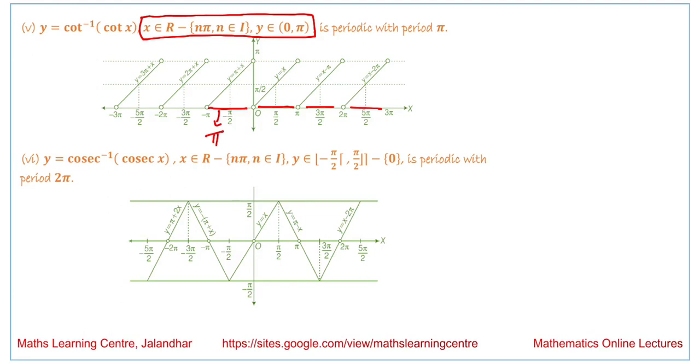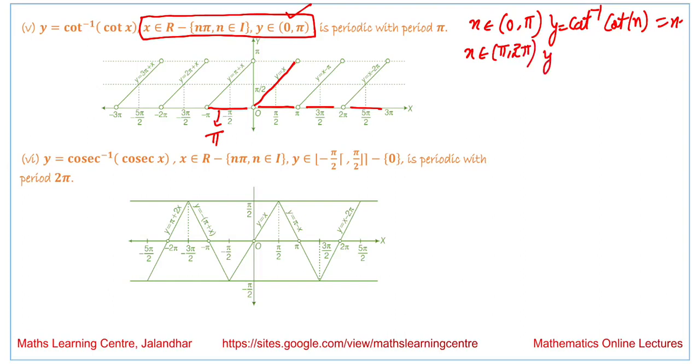If we are talking about the interval 0 to pi, when x belongs to the open interval 0 to pi, we have cot inverse of cot x is equal to x. So we obtain this line over here for the open interval 0 to pi. Next we consider x belongs to pi to 2 pi.